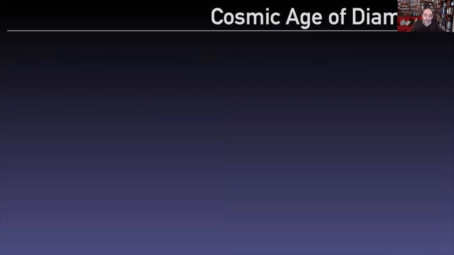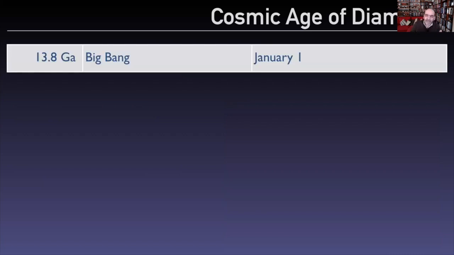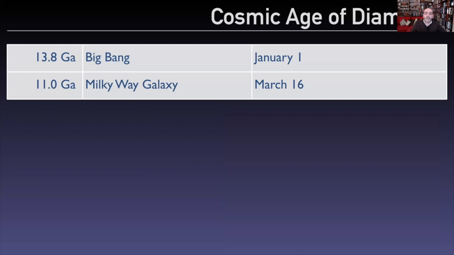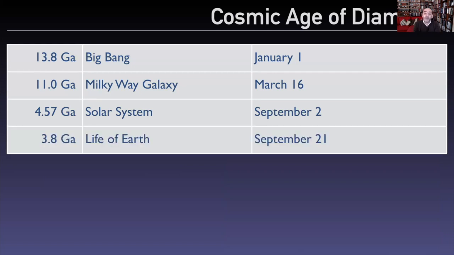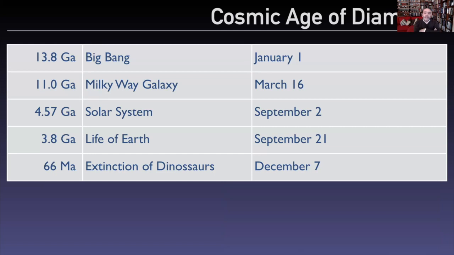So let me present his calendar related to diamonds. The Big Bang was about January the 1st. Our galaxy is in March. Our planet, the solar system, is September 2. Life on the planet, as we know it, about 3.8 billion years, so September. The extinction of the dinosaurs, which was so long ago, was already in December.